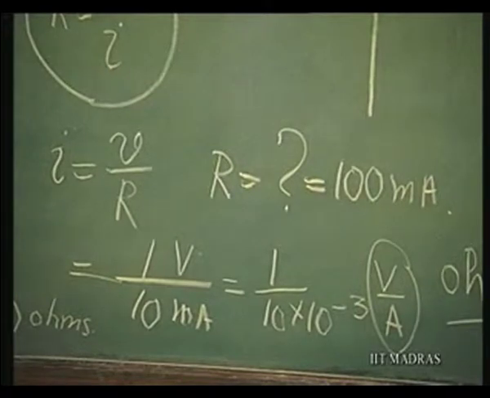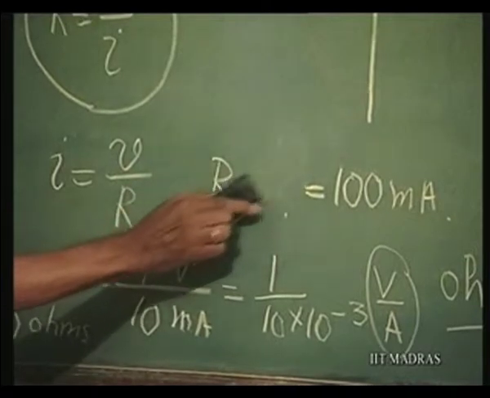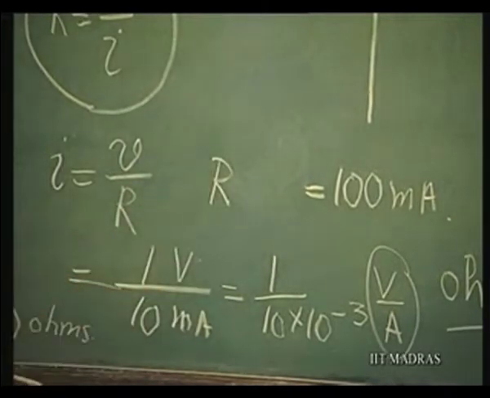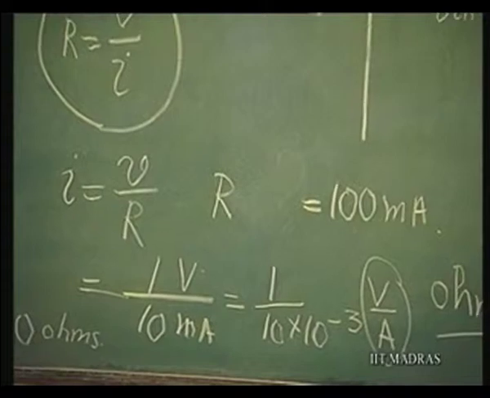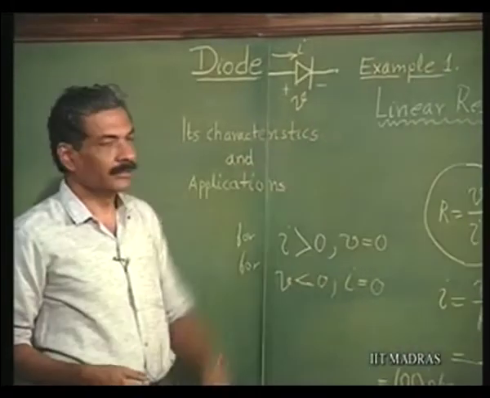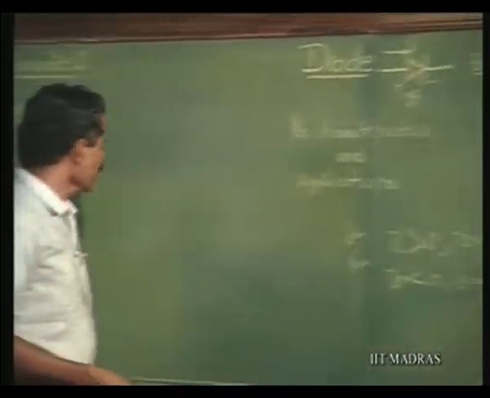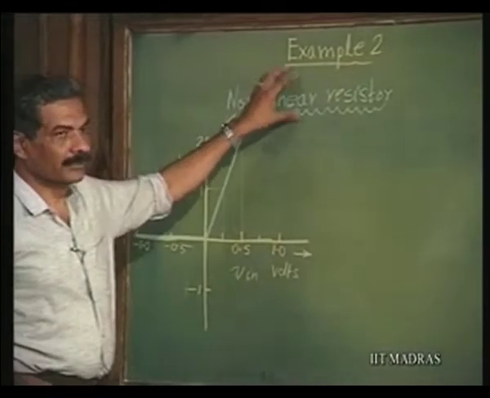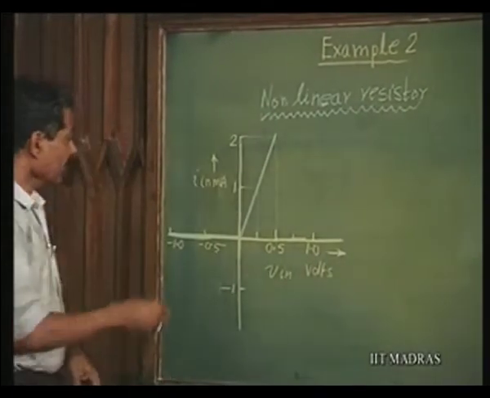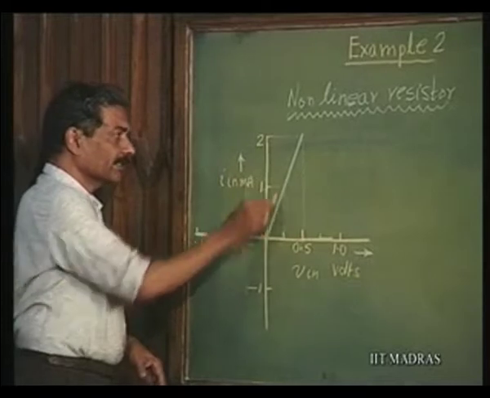So, let us therefore see how this can be changed over to a non-linear resistor. This is a linear resistance. Let us have a non-linear resistance. It has a characteristic of this type.